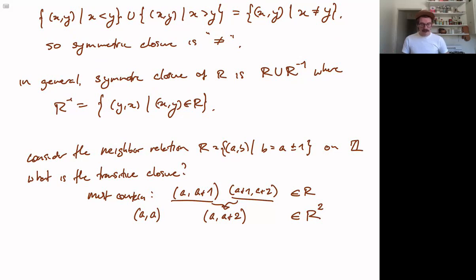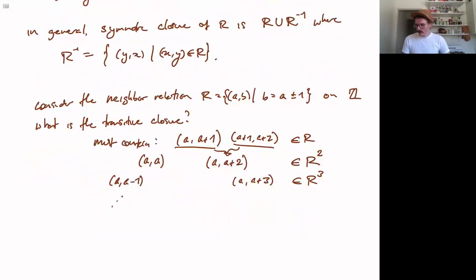Okay, and if we continue this process, we can subtract another one, a minus 1, and we can add another one on this side, a plus 3. These are in the cube of our relation, and so on.